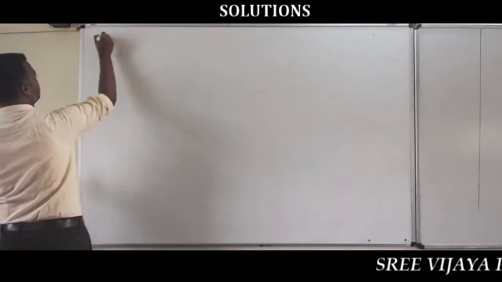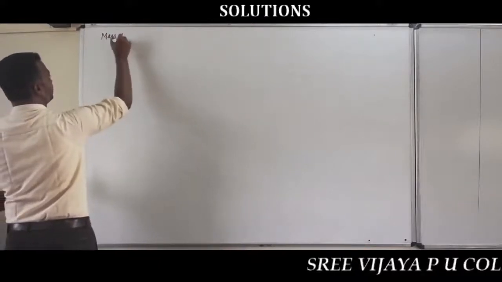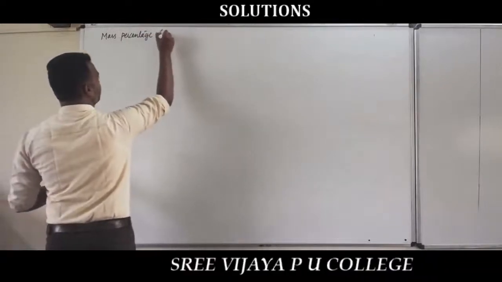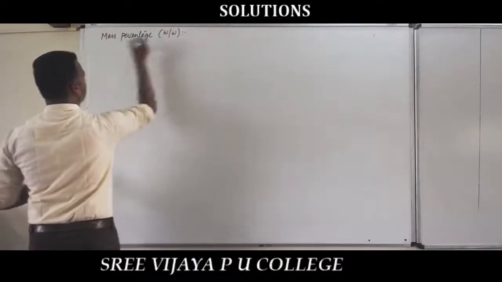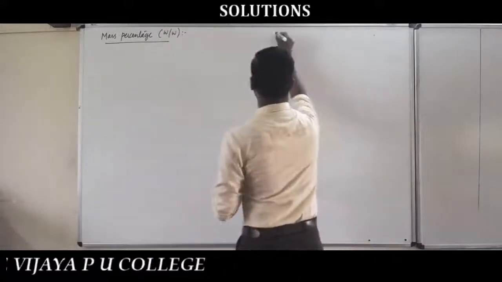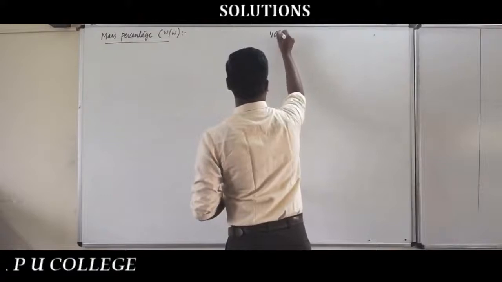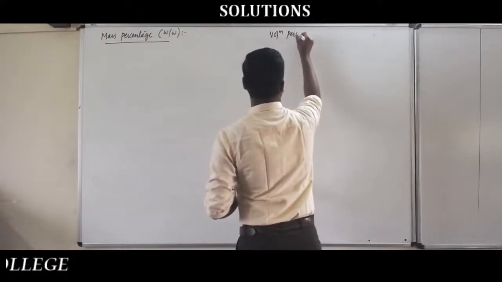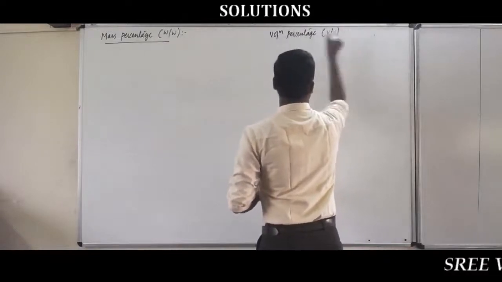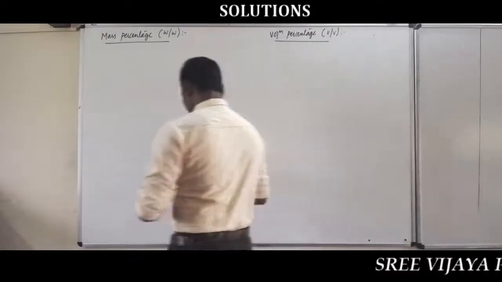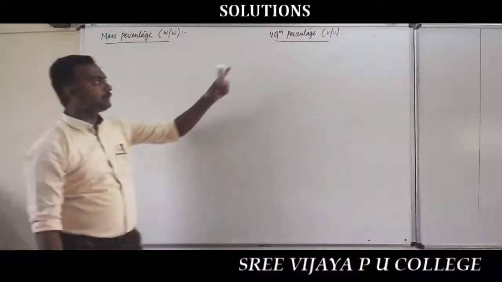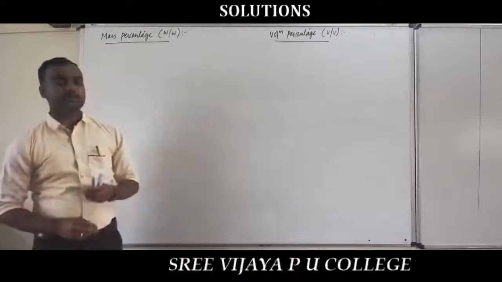So the fourth one is mass percentage, simply written as W by W. There is one more thing, that is volume percentage, which is done as V by V. One more is there, that is weight by volume and ppm, but we will discuss that later. So mass percentage and volume percentage, these are also concentration terms.